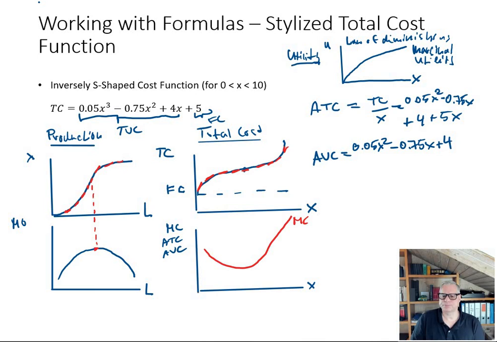That's it. And it actually turns out that average total cost looks like this, and average variable cost like this. But we'll stop the theory here and we'll just draw this equation.